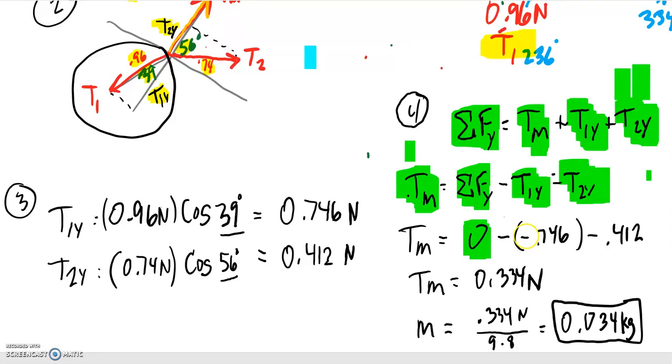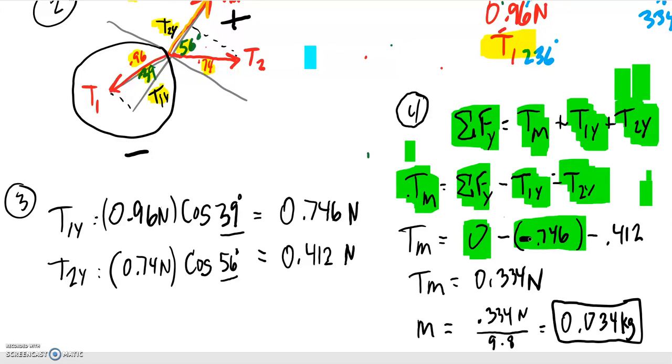And I'm subtracting, this is important here, subtracting a minus 0.746 newtons. Why minus? Well, I decided to call this direction plus and this direction minus, and tension 1's y component is in the negative direction. So I need to indicate that direction with that minus sign right there.